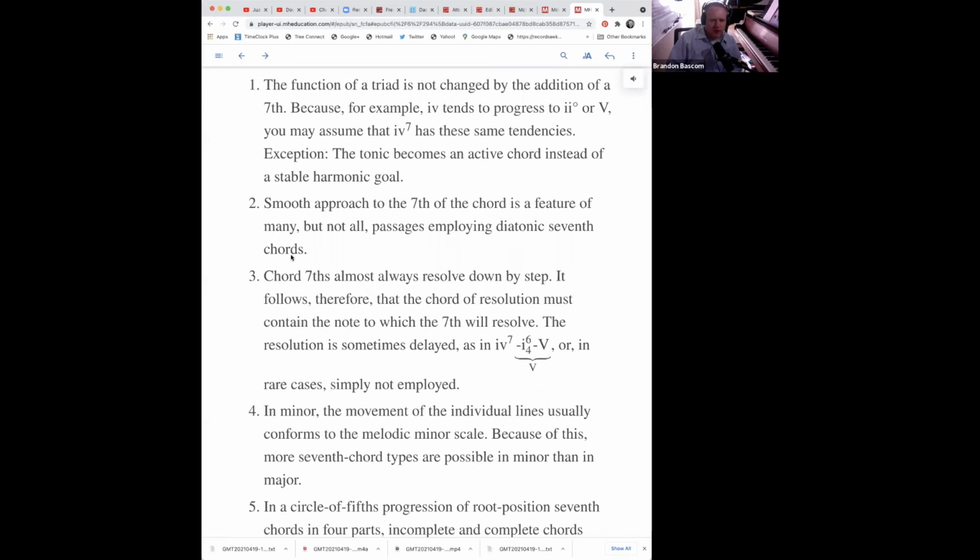We're in first inversion, so we've got the B. We need a G. Hey, let's keep it right there. We need a D and an F sharp. We're going to put the D in the soprano, the F sharp in the tenors. I don't know what else to do.